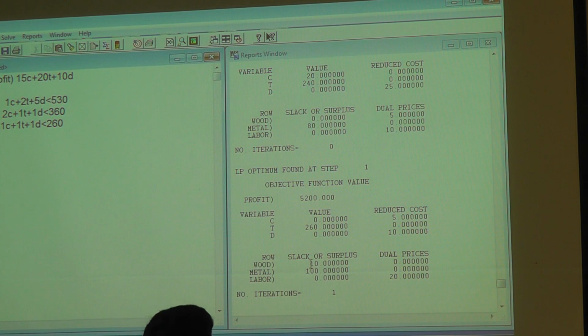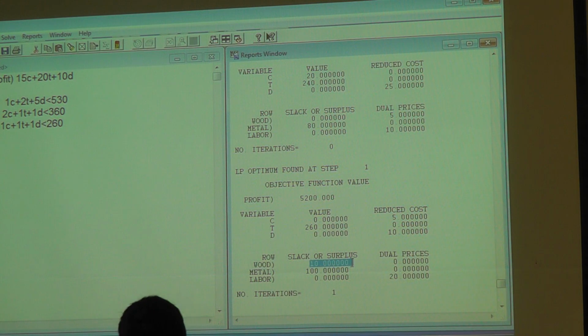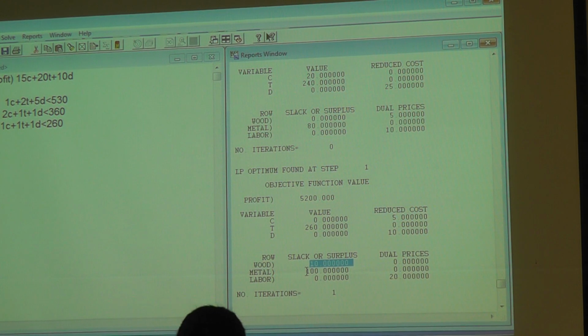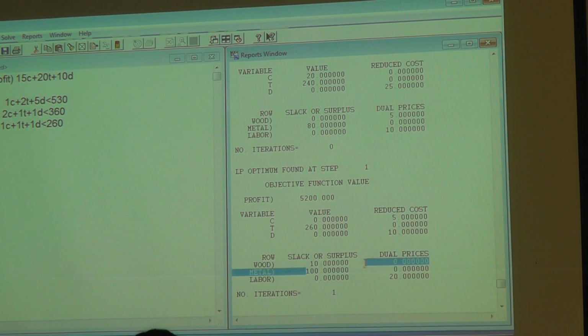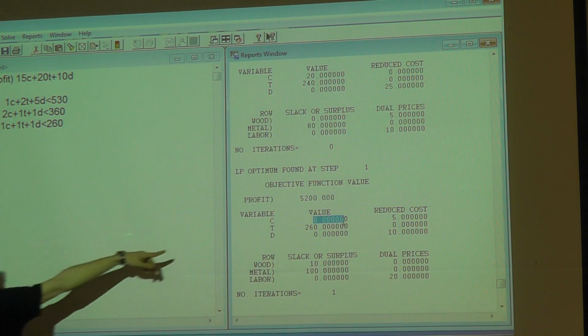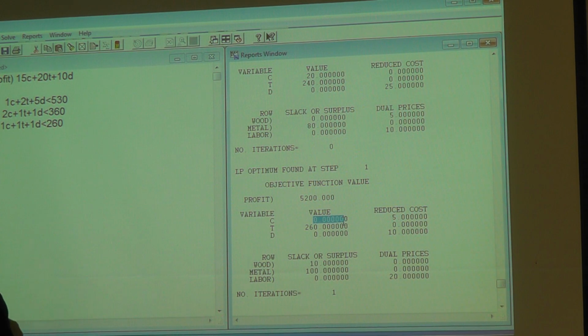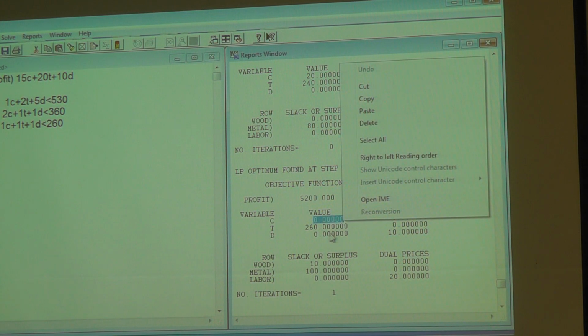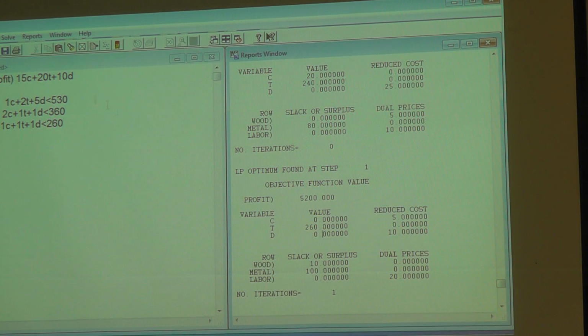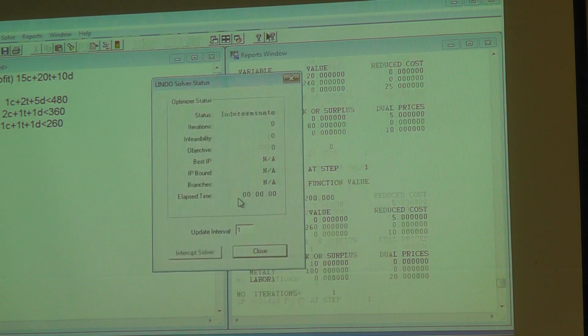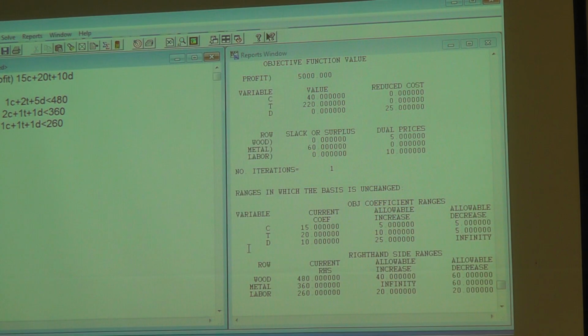Okay, yes. Now you do have slack wood available, quite reasonable. You do have slack metal, and you don't produce any chairs. So now the variable of chairs became non-basic. It is 0. Okay, so let's go back to 480.